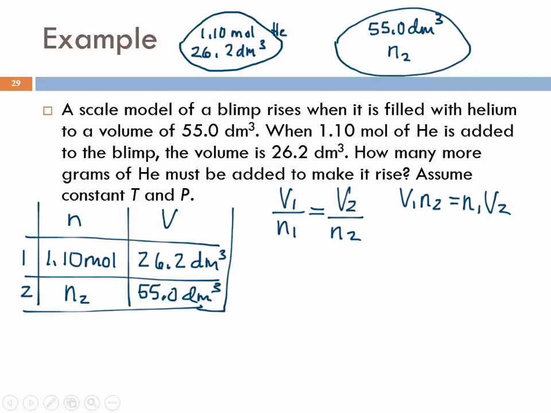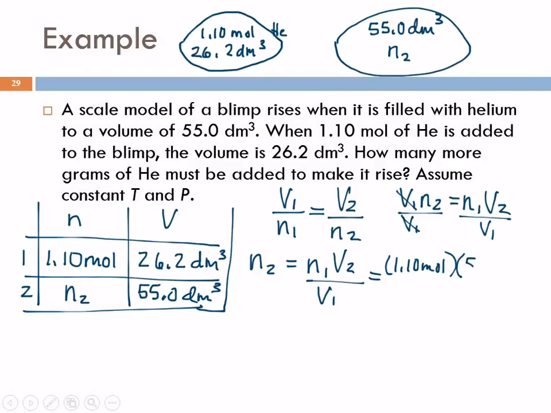So I want N2 by itself. So I'm going to divide both sides by V1 because I want to move the V to the other side. So N2 is equal to N1, that's not a V, V2 over V1. So N1 is 1.10 moles.